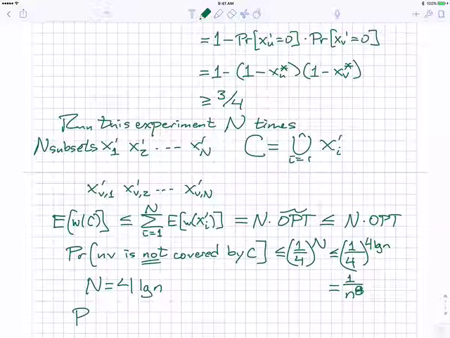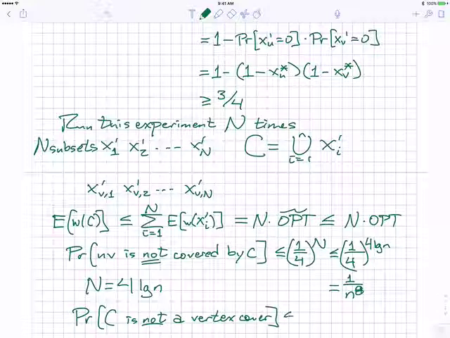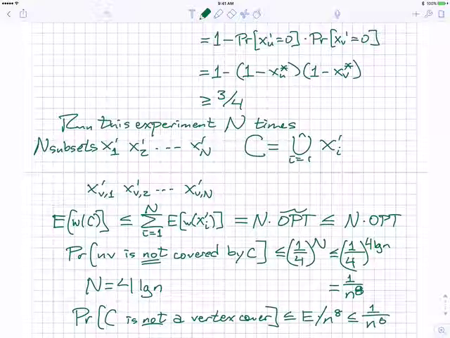And so that also means that the probability that C is not a vertex cover is at most the number of edges divided by n to the 8th, which is at most 1/n to the 6th, because you can't have more than n squared edges in a graph that has n vertices.